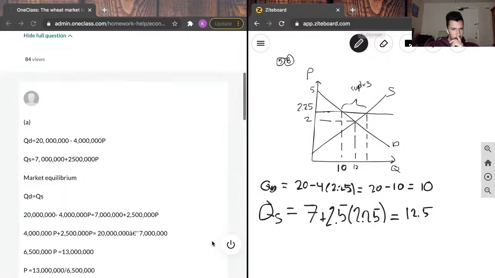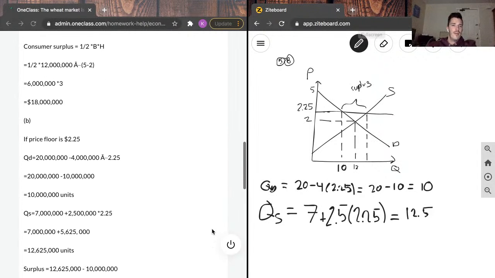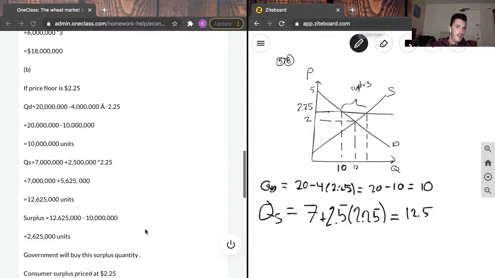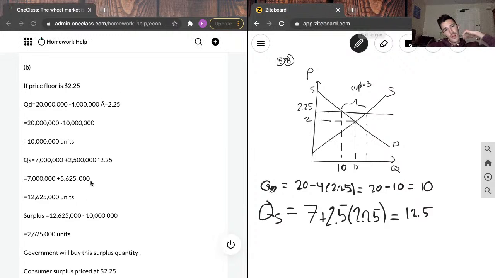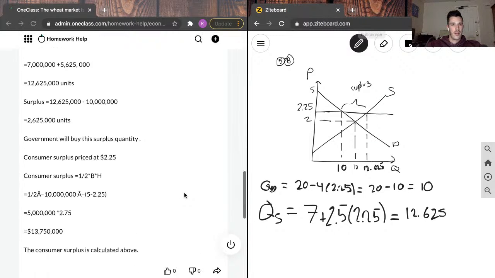Maybe. 2.5 times 2.25 is 5.625, so 12.625. Close, I get an A for effort. So as we can see here, the effect of a price floor that's above the equilibrium is a result of there being too much supply and too little demand, which means there's a surplus in the market.